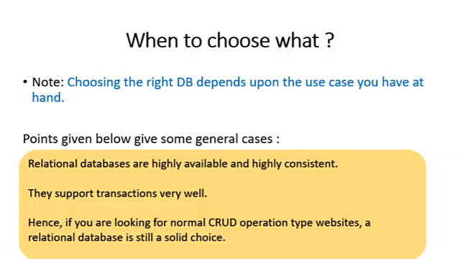You don't have that huge amount of data, it's a simple website supporting typical CRUD operations, go for it. Or you can even say in interviews that I'm going to start with the relational database, but scalability is an iterative process, right? So scalability is something that you can iteratively build, so you can always eventually migrate your data to a NoSQL database and start using it.